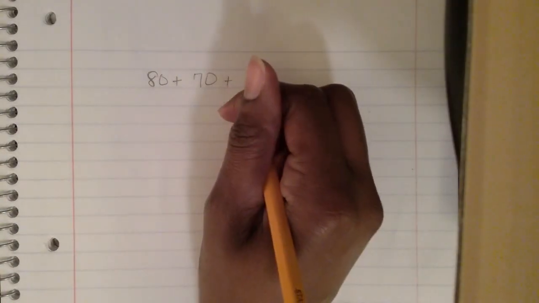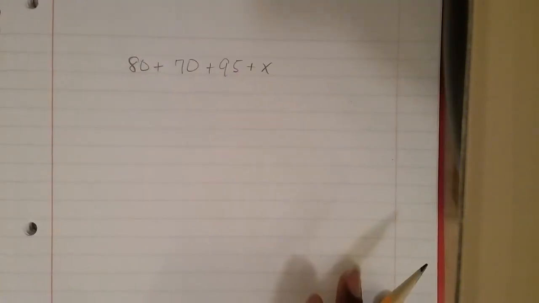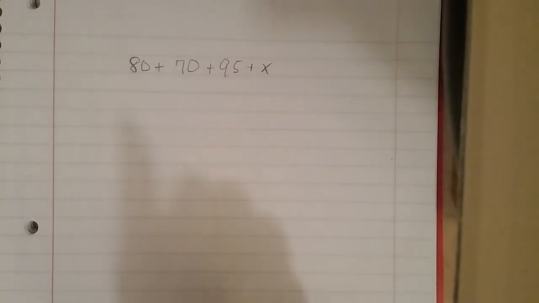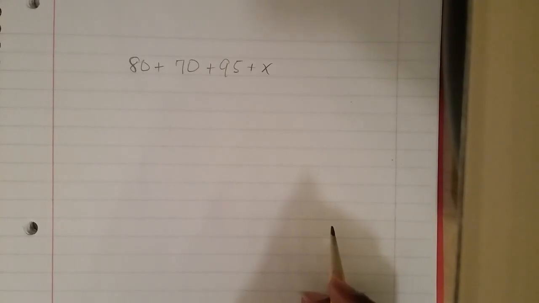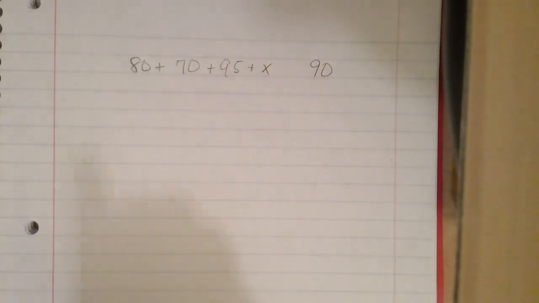So if you got an 80 on the first test, a 70 on the second test, a 95 on the third one, you have one more test to take, but you want your grade in the class to be at least a 90 because you want an A.